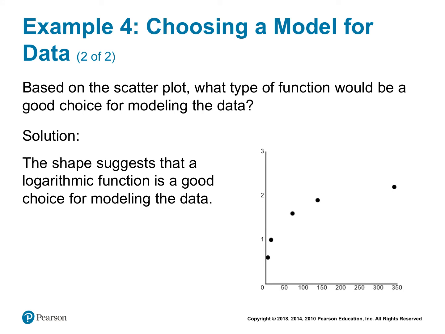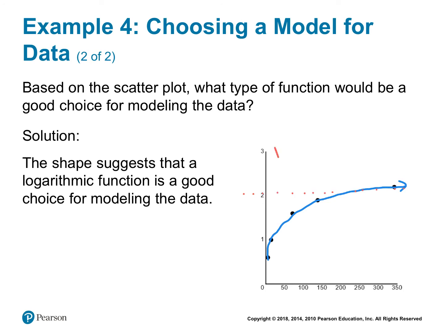Okay, so looking at this scatter plot, what type of function would be a good choice for modeling it? So the shape suggests that a logarithmic function is going to be a good choice for modeling the data. You can see that it makes a nice smooth curve there if you connect the points. So if I connected these dots, you can see that it eventually hits a limit here. So it's about right here.